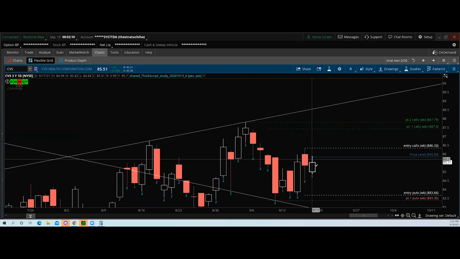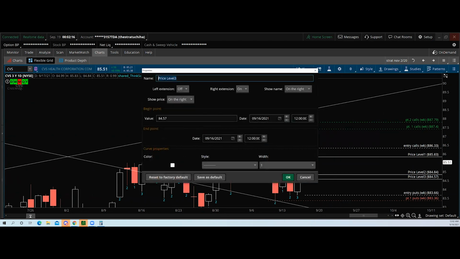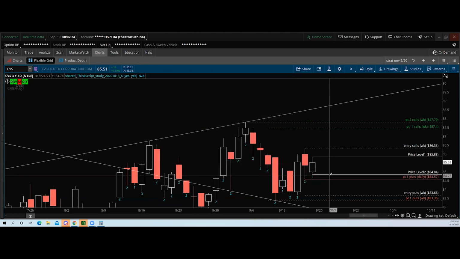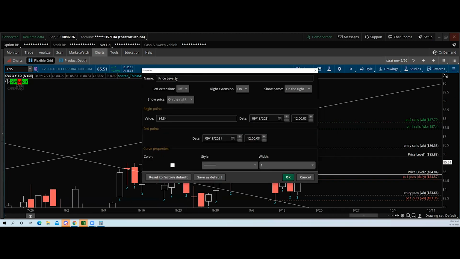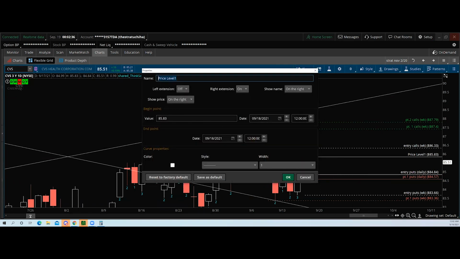Then you mark the high, mark the low. This would be PT1 for puts on the daily. This 84.57, PT1 puts daily. And you have your entry for puts on the daily at 84.84. And then you got your entry for calls right here at 85.83 on the daily. Entry calls daily.